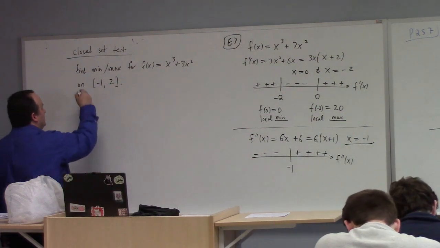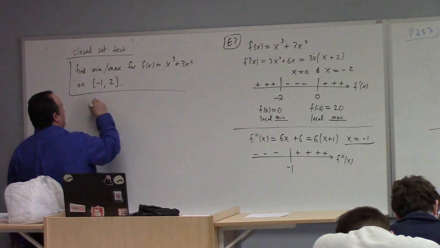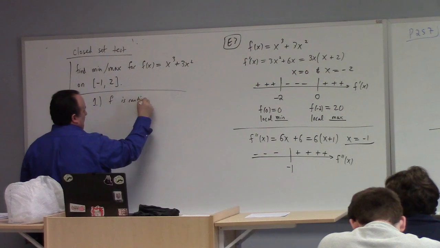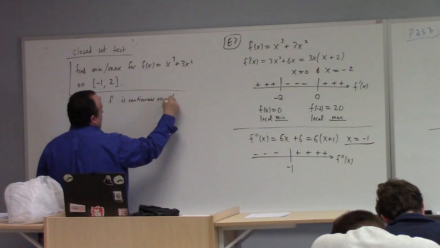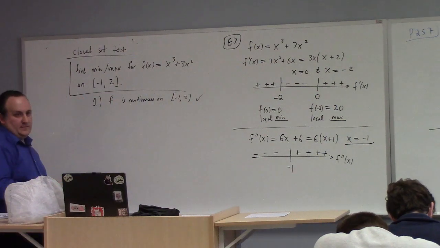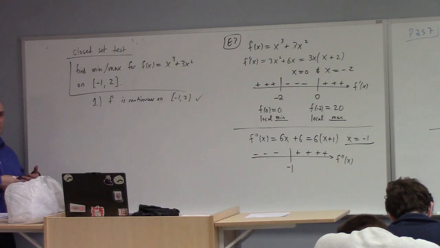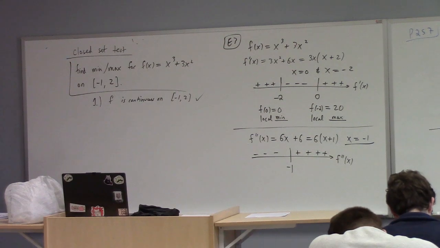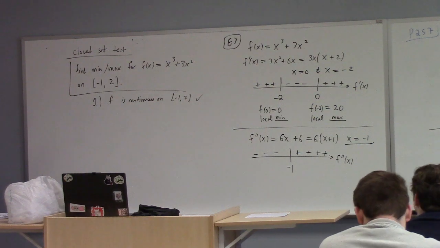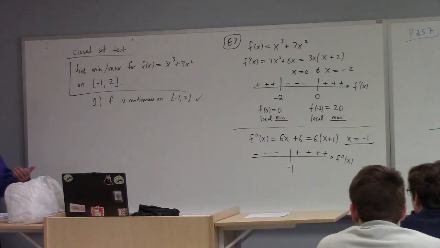So what do we have to do? Number 1, f is continuous on minus 1 to 2. Check. It has to be a continuous function. If it's continuous, then the closed set test says it attains a minimum and a maximum value on that closed interval, and it has to happen either at the endpoints or at a critical point in the middle.